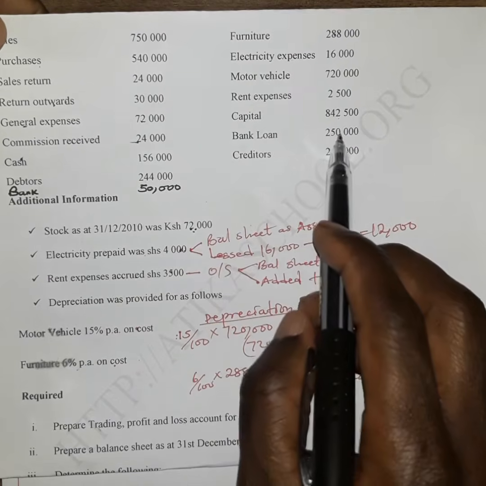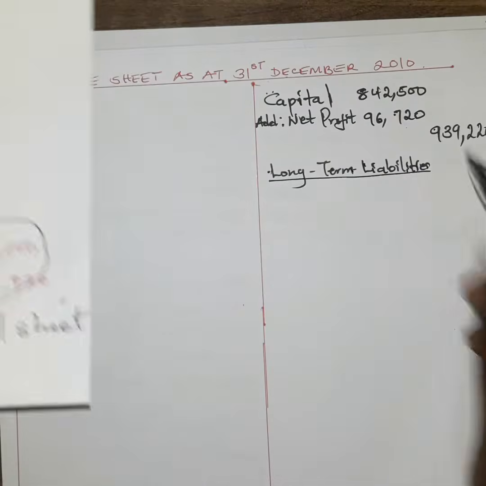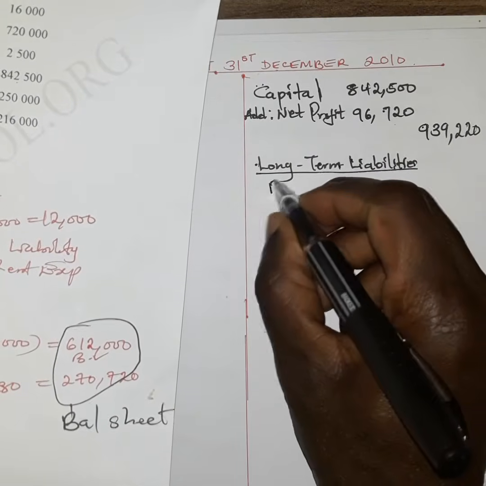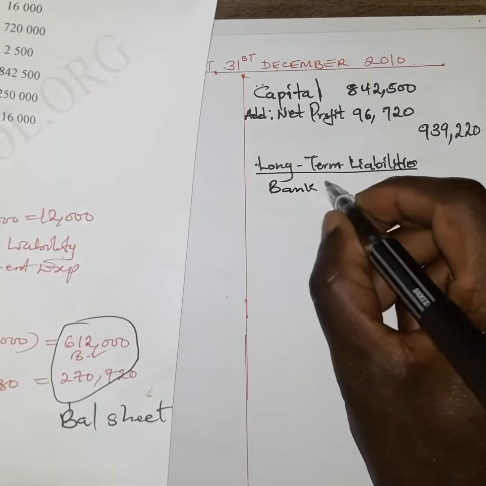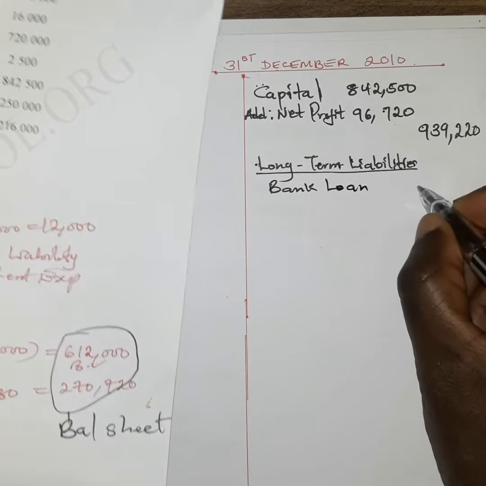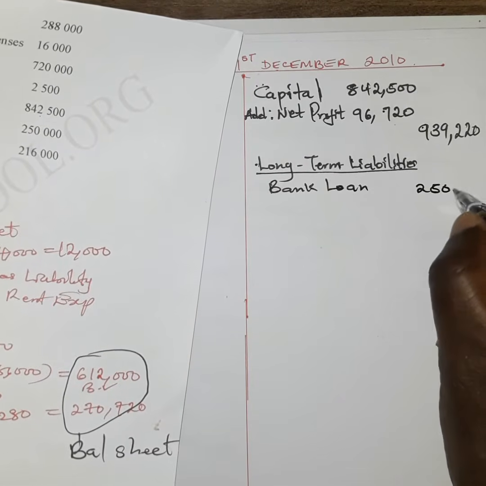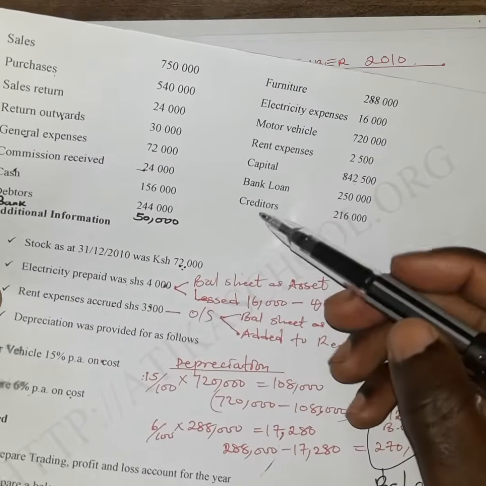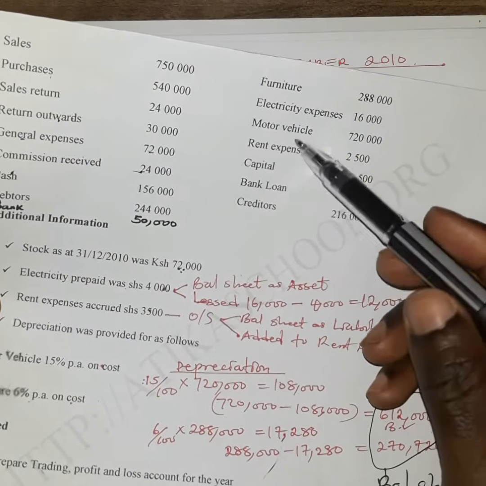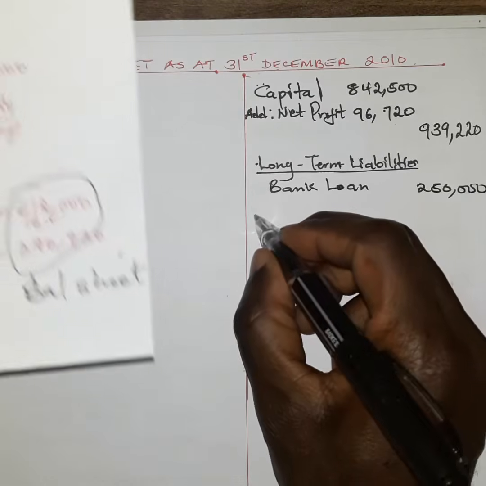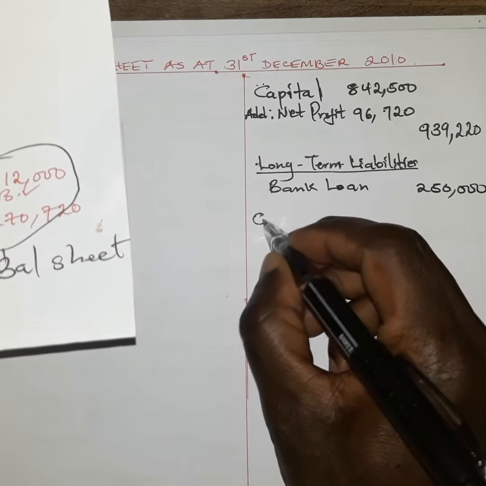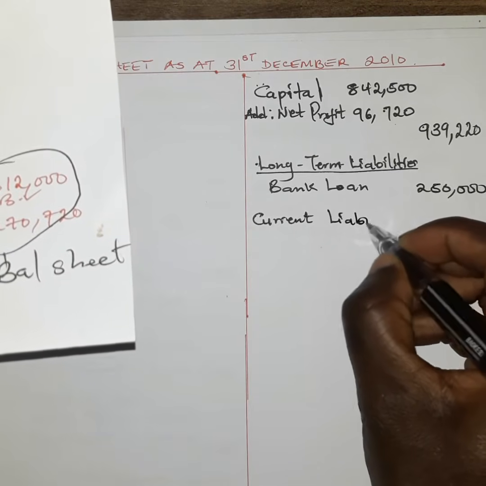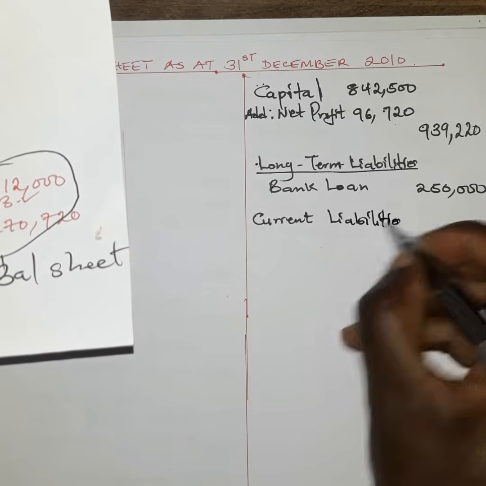A bank loan of 250,000 is payable in installments over more than 1 year. So bank loan is an amount of 250,000. Because we don't have any other long-term liability, I want us to talk about the current liabilities.